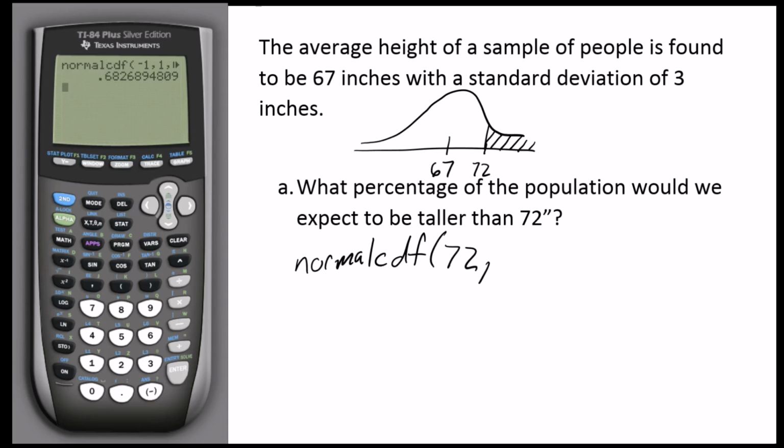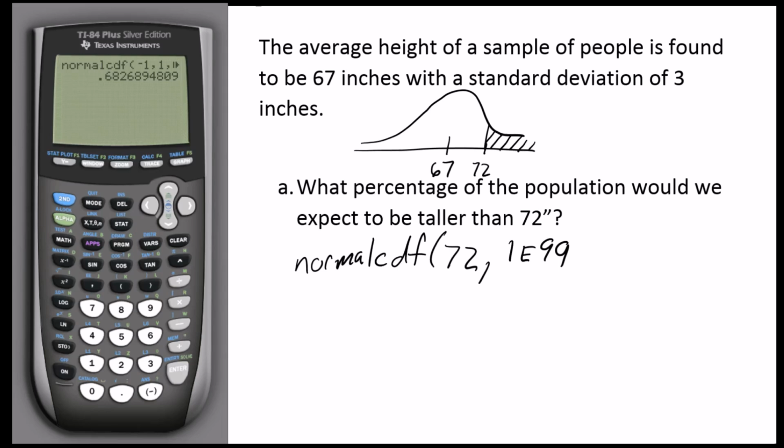So what we're going to use is 1e99, which is just a really large number. So that's 1 with 99 zeros after it. And that'll be close enough to infinity for our purposes.